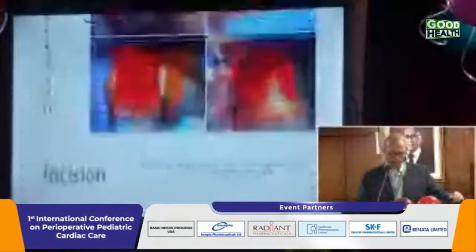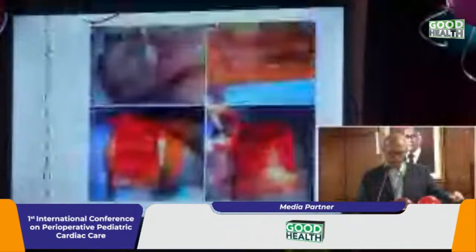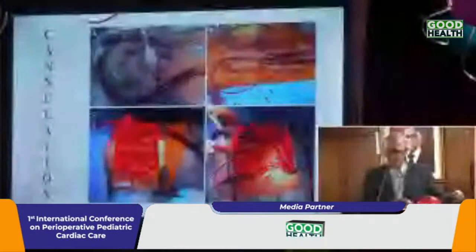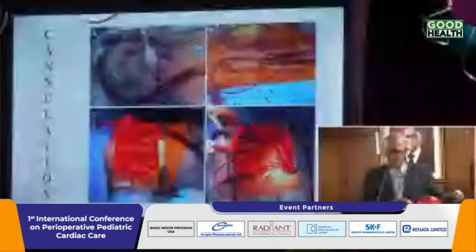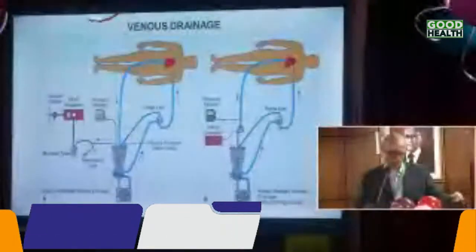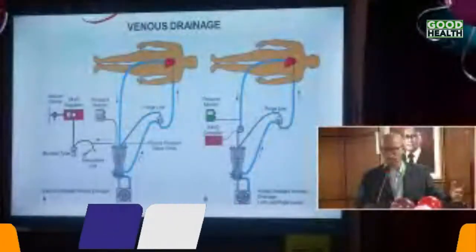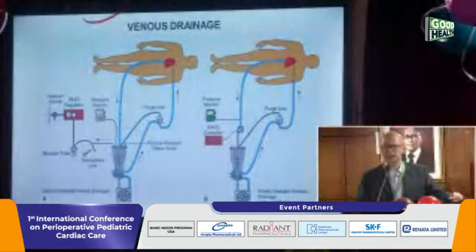Cannulation can be central or peripheral, depending on the type of surgery. And venous drainage, as I told you, can be vacuum-assisted, or a conventional or even kinetic venous drainage can be used.